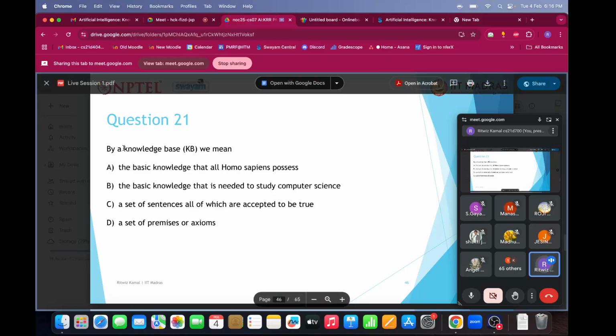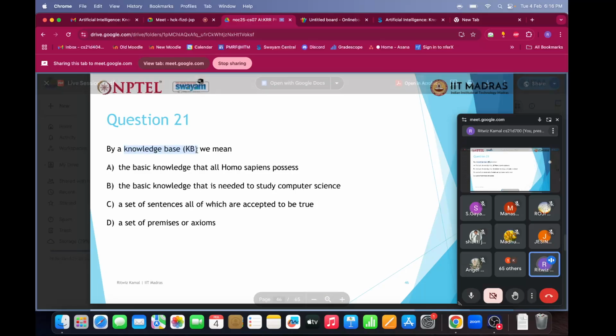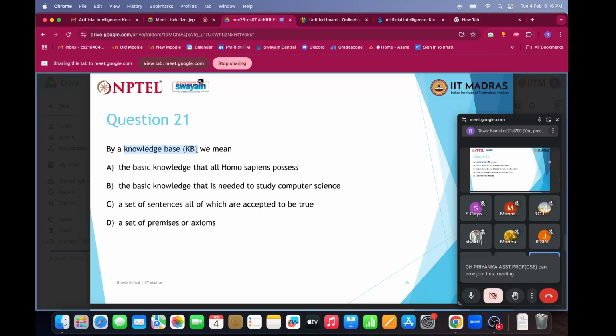So remember that a knowledge base could basically contain facts about any situation that we are talking about. Okay, it doesn't necessarily have to be about, let's say, Homo sapiens, right? So it can be about any other species as well. It's just a collection of different facts that we are going to deal with and process further for logic and reasoning, right? So option A would, in that case, be false because it's not necessarily restricted to Homo sapiens.